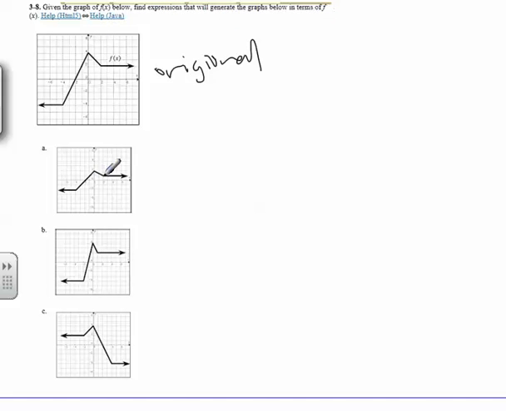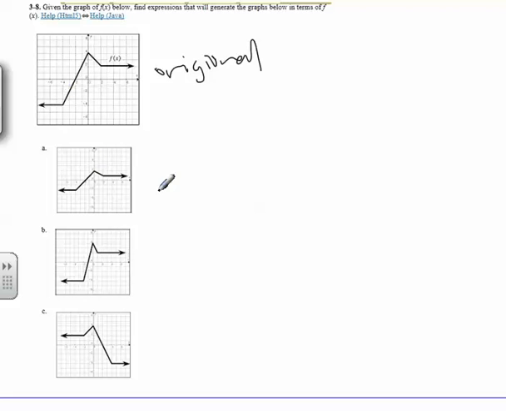So we want the expression that would be what we get if we do this. If this is our original here, what's different here? Is it squished down or stretched out? Now if I compare how high this one is with this one, that one's lower and this one's moved up.